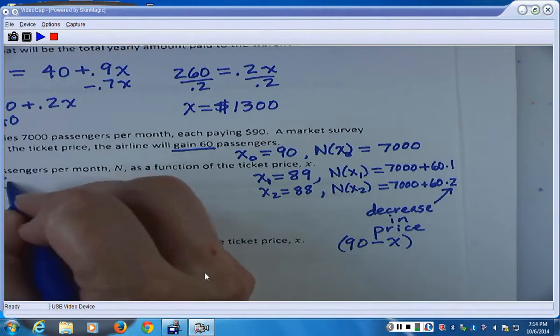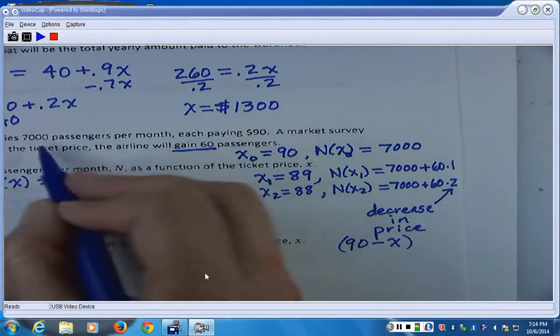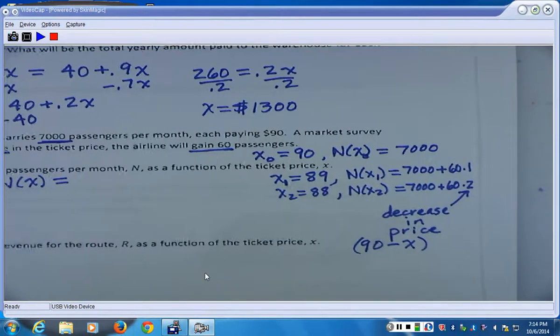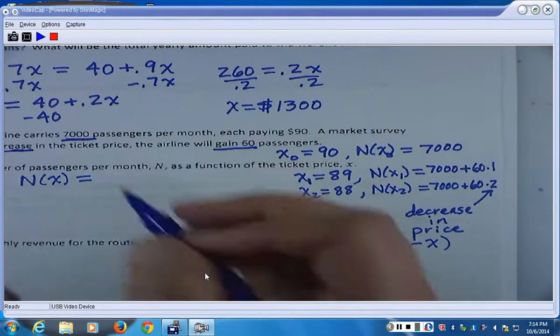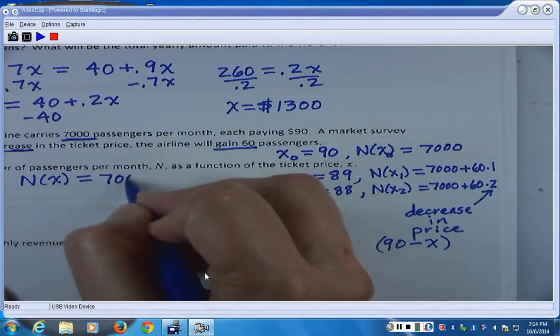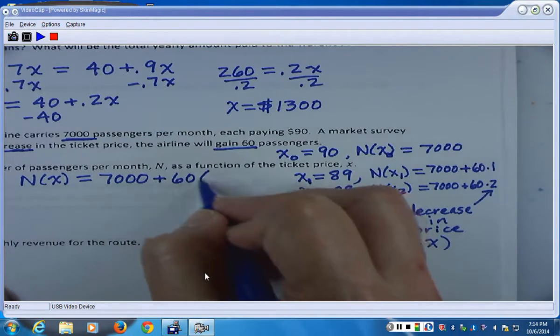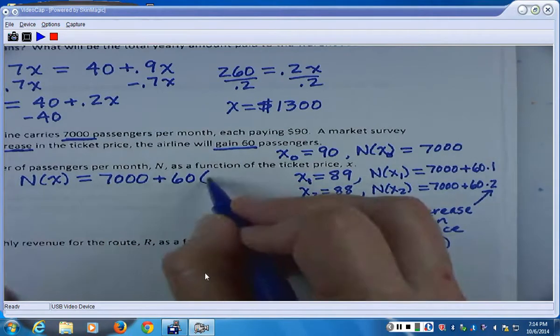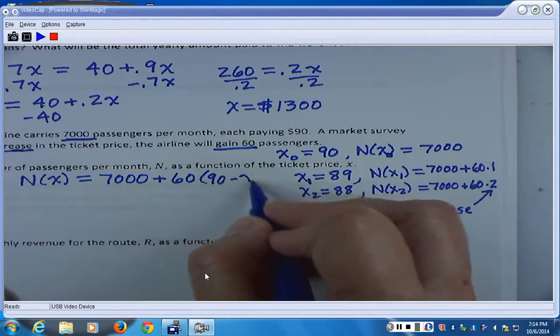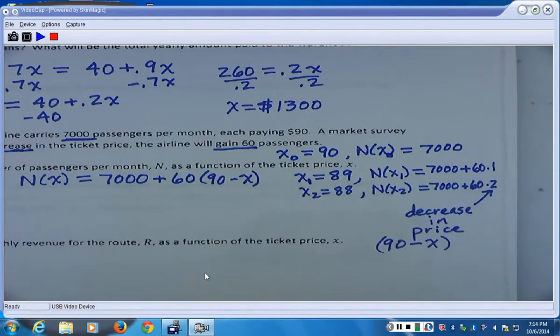N of X equals what we're starting with, 7,000 passengers, plus 60 times the decrease in price, 90 minus X. And then you can distribute, but that's the hard part. Finding that equation, this is tricky.